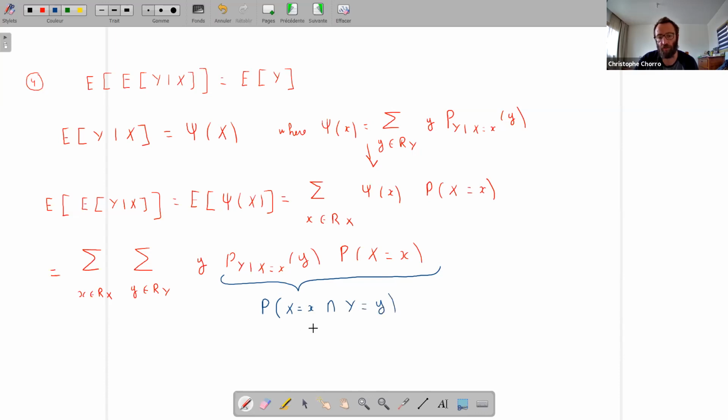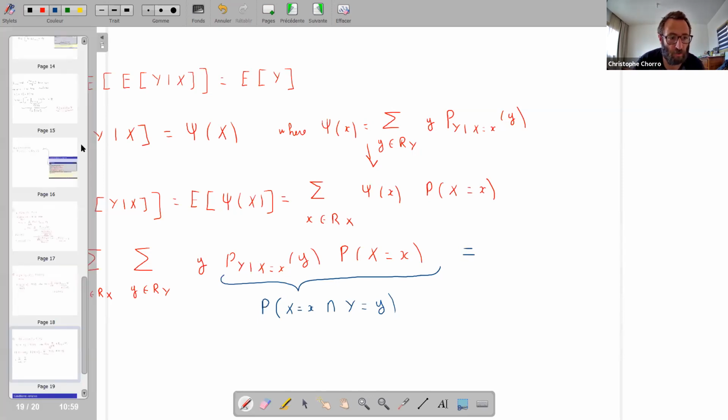So here I just have the joint probability mass function. And I have to compute the double sum of a function of x and y, which here is just a function of y, multiplied by the joint probability mass function. By definition, it's the formula that I reminded at the very beginning.